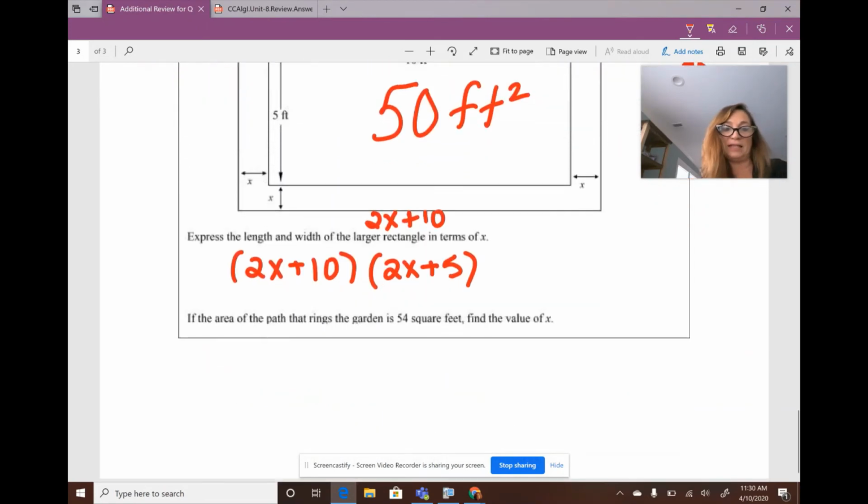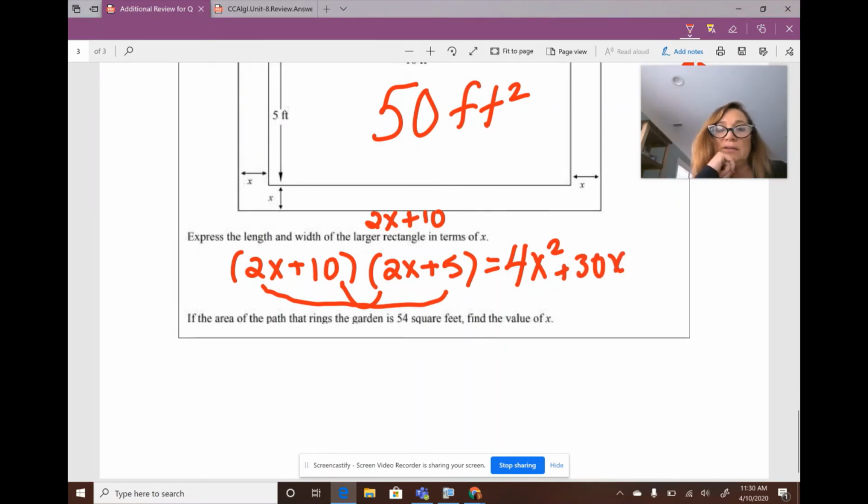And that's an expression going to multiply, so 4x squared, because 2x times 2x is 4x squared. That gives me 20x, and these guys here give me 10x, so plus 30x. Nope, don't forget your middles. Oh, plus 50. Okay.